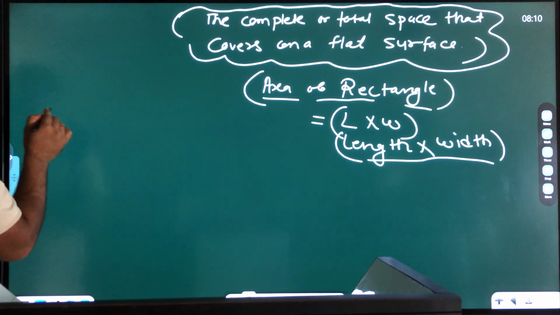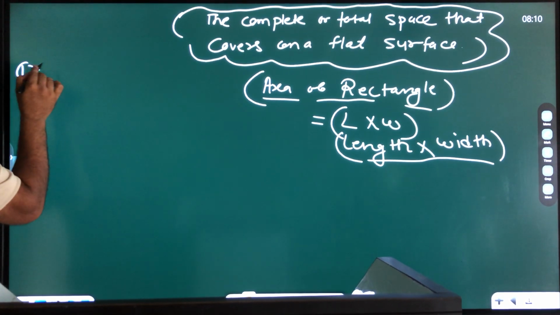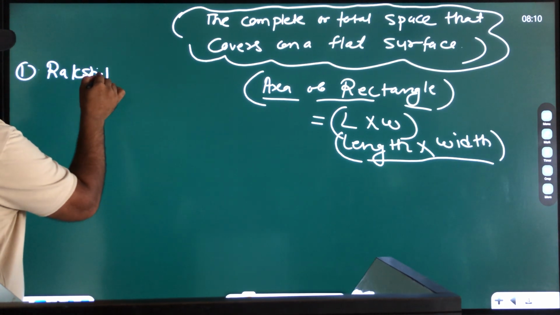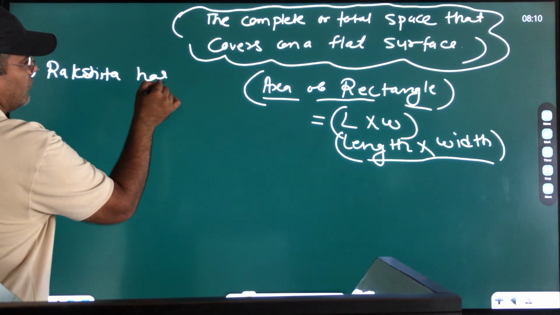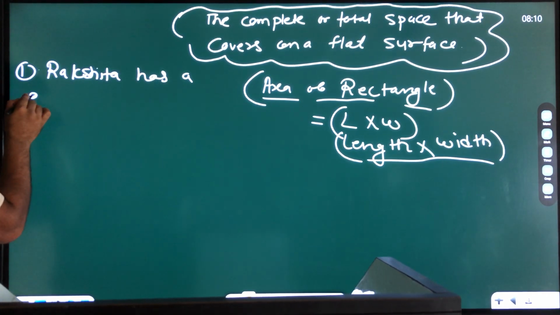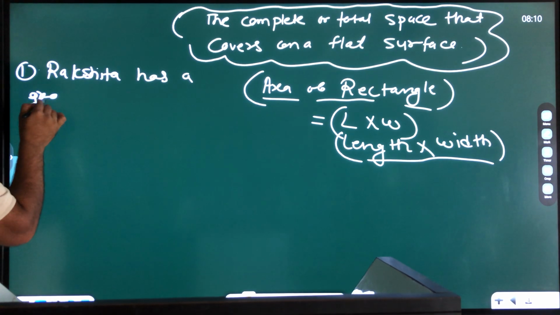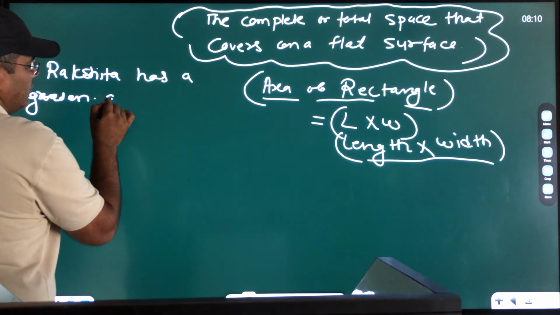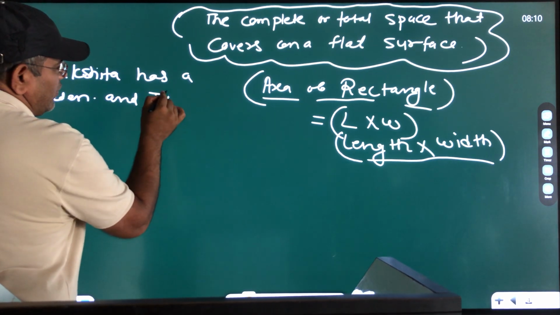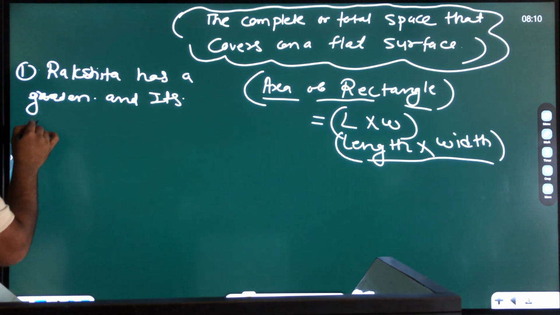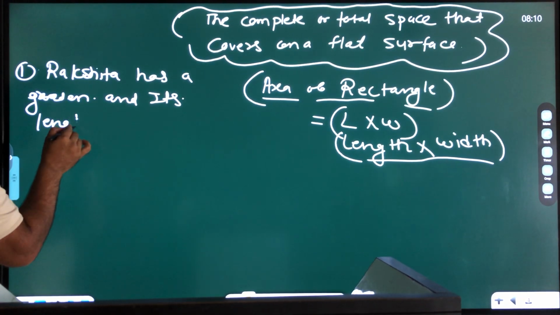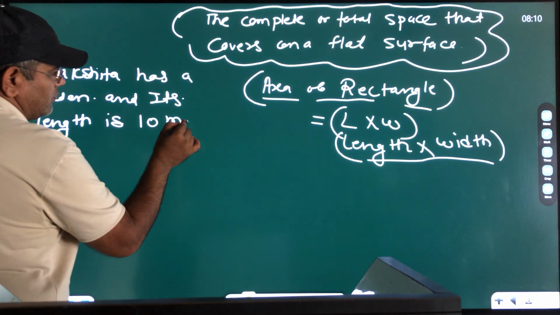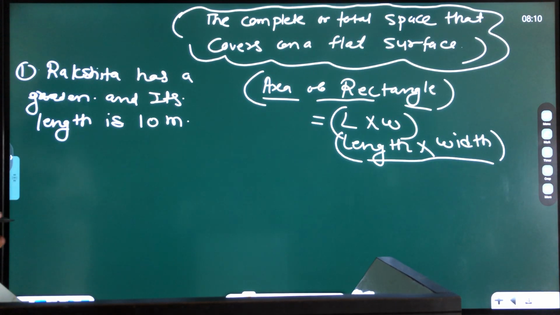For example, Rakshita has a garden. Its length is 10 meters.